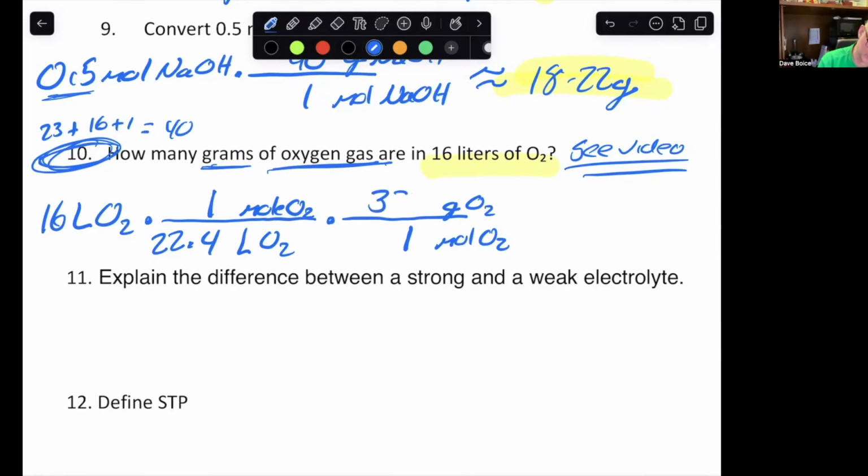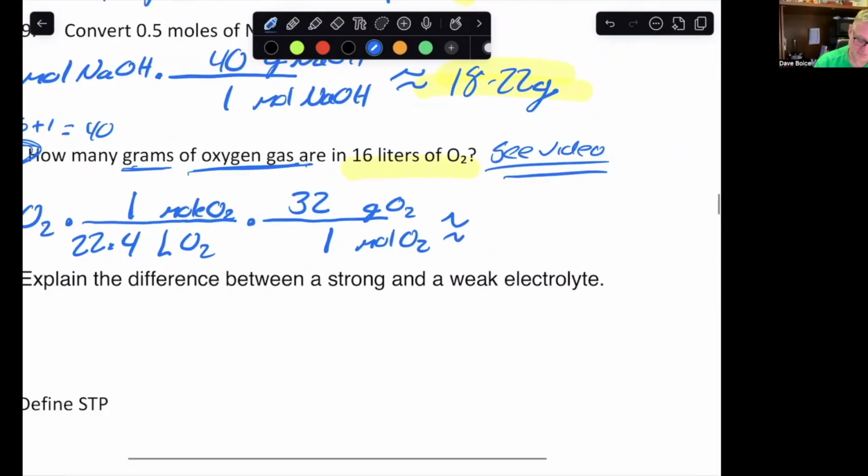That's 32 grams per mole. So in my calculator, I'm going to do 16 divided by 22.4 times 32. And that's going to come out to, let's just say 20 to 25 grams of O2.